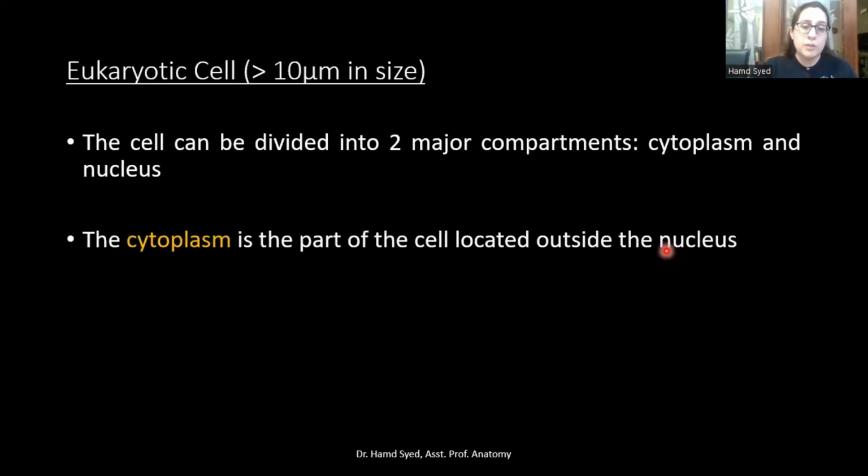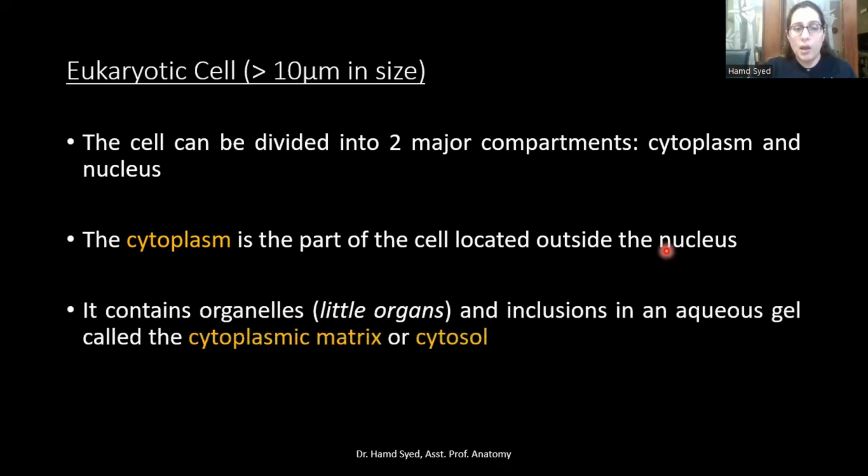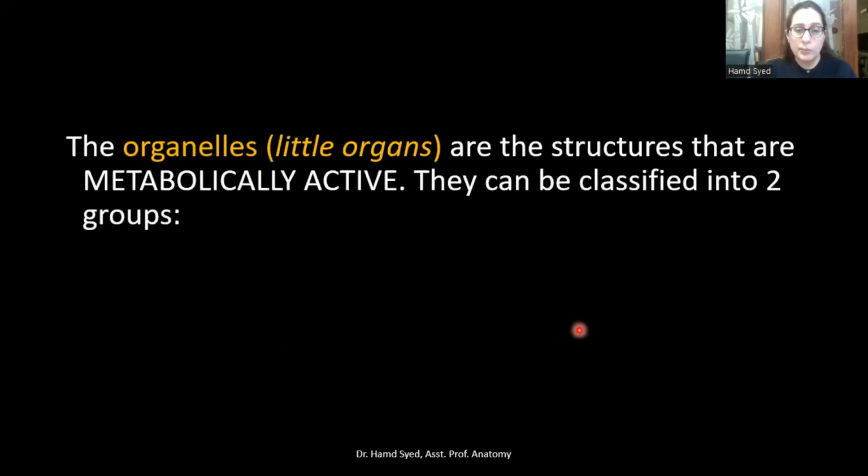The cytoplasm is the part of the cell located outside the nucleus. This is the part which has the organelles, which literally means little organs, and inclusions present in an aqueous gel known as the cytoplasmic matrix or cytosol.